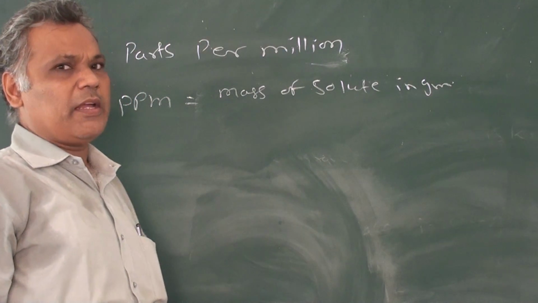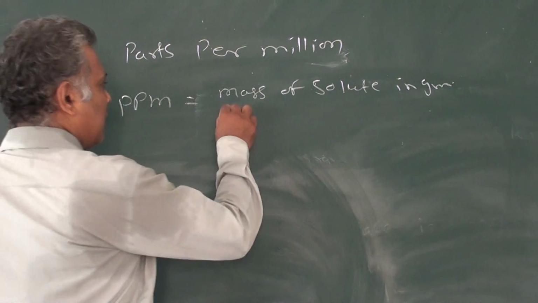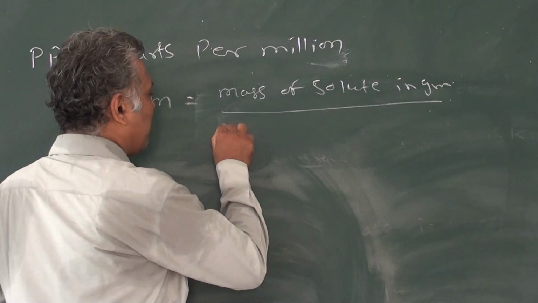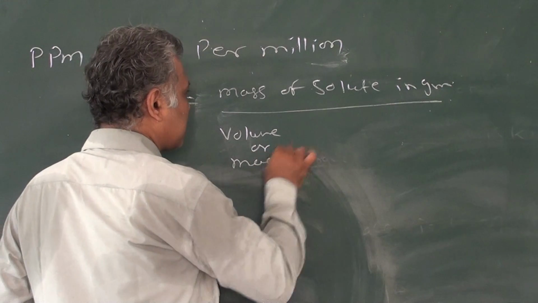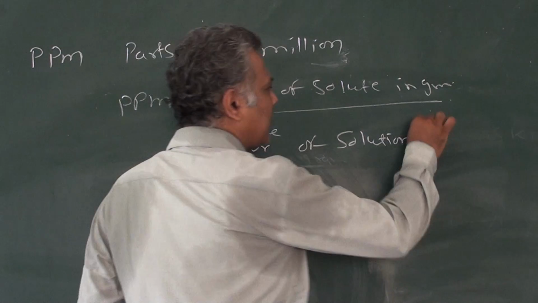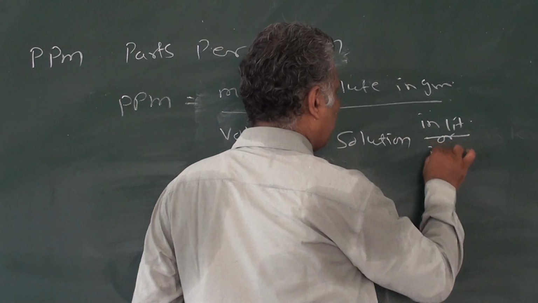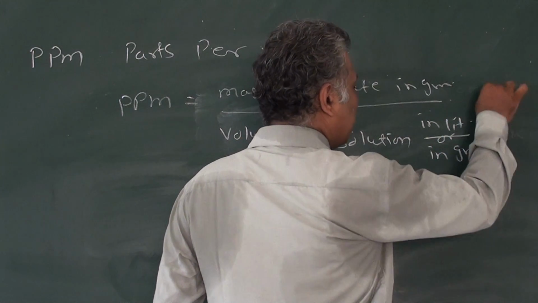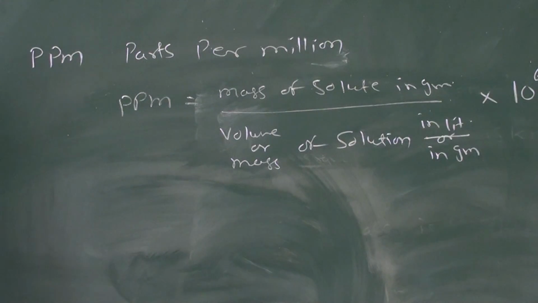Now here when we are making a calculation, we will always take the mass in terms of grams, upon maybe volume or maybe mass of solution. It may be in terms of liter or in terms of gram, into 10 raised to 6. So that will give me a calculation for ppm, parts per million.